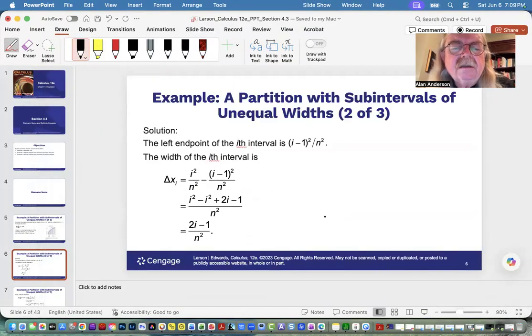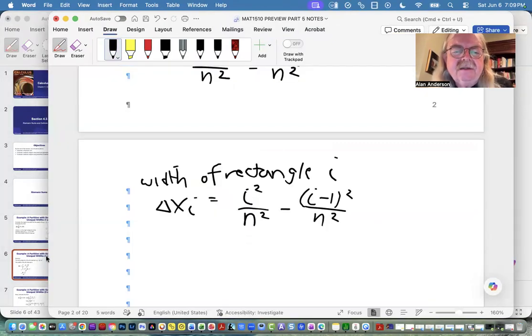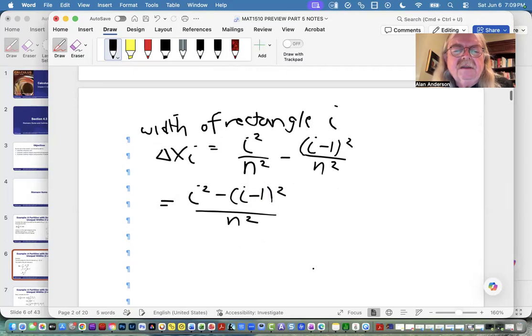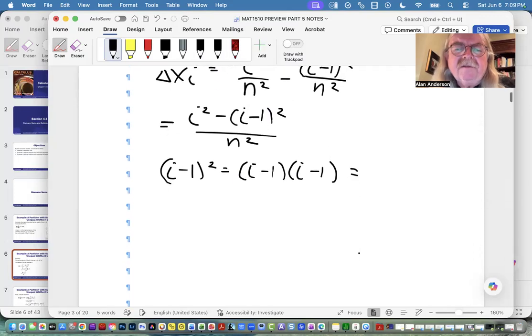Now, what they're going to do is they have already done it for us, expanded this. And if you want to work through all the steps, you can apply FOIL here.